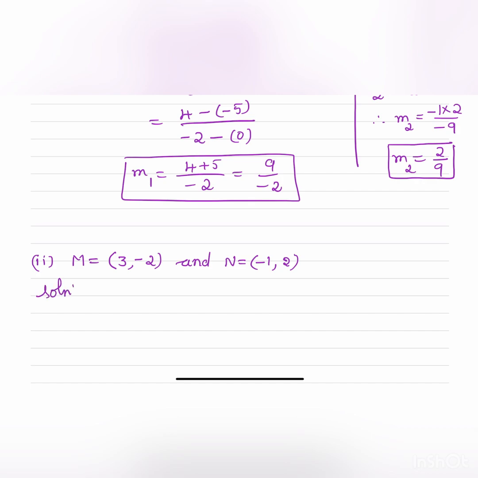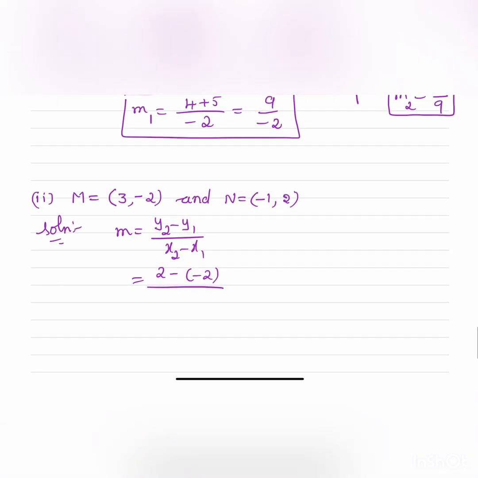It is the same formula. m is equal to y2 minus y1 divided by x2 minus x1, and in this case y2 is 2, minus of minus 2, divided by x2 is equal to minus 1 minus of 3. So this is 2 plus 2 divided by minus 1 minus 3, that is equal to 4 divided by minus 4. So this is minus 1.